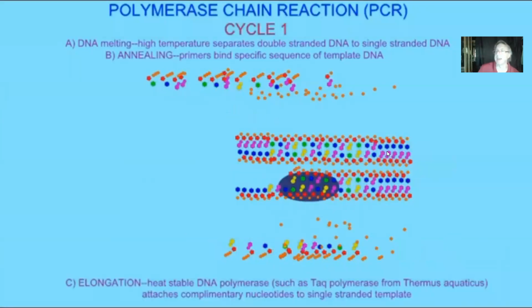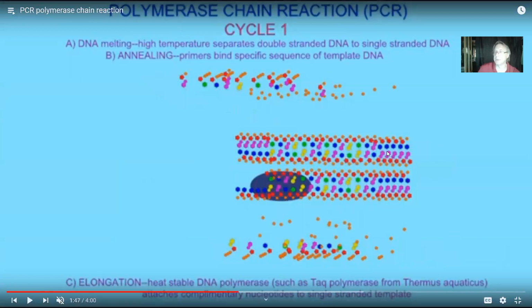Notice that once I separated these two strands, which were once joined, and I let them both replicate, each one of them has a blue thymine bound to an adenine, a blue thymine bound to an adenine, etc. And so because each half has specific matches in DNA nucleotides for its complementary bases, if you separate two strands and let them replicate, now you'll have two copies of the same sequence.